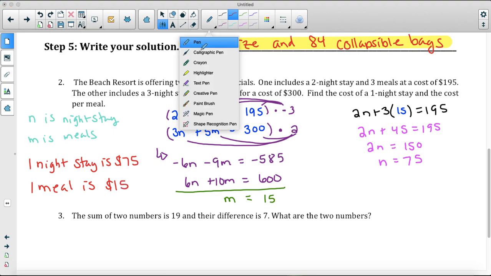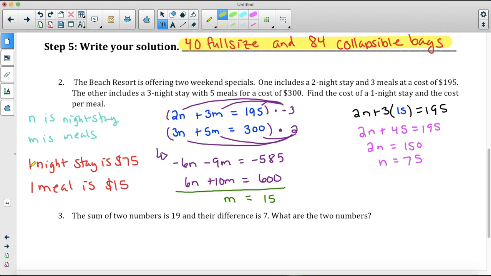And again, this is why we use variables that represent what we want, so that we don't have to rethink about which one is X, which one is Y. I chose to use elimination on this one again because it would have been a little bit more complicated to try and solve for a variable, because I would have had to divide by 2. None of these are divisible by 2.